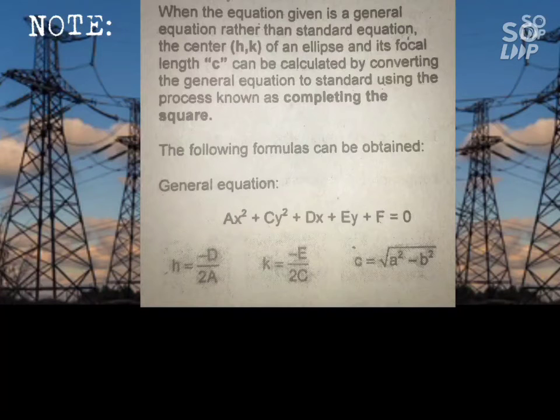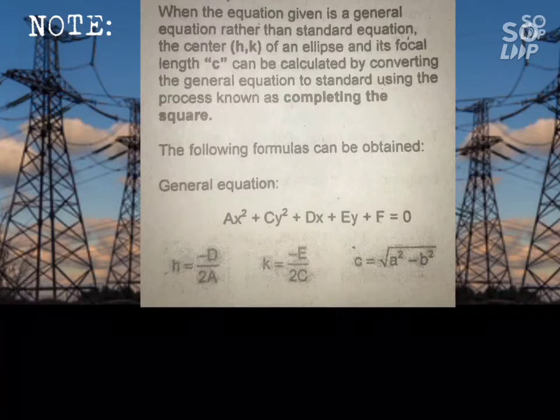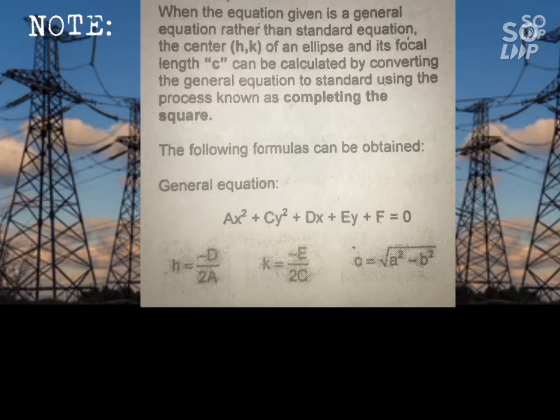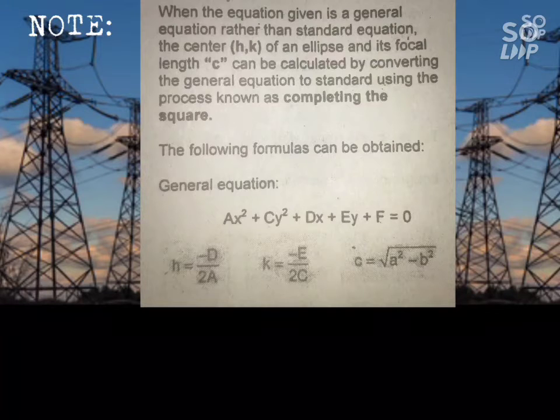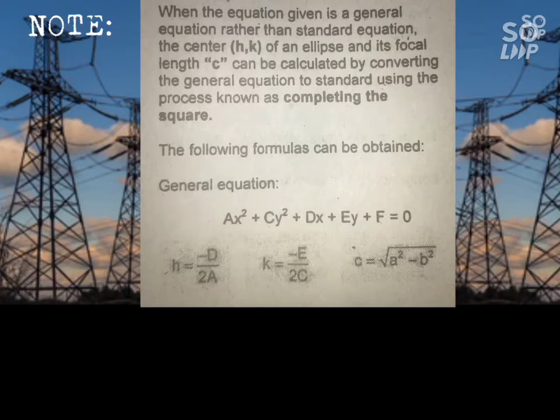When the equation given is a general equation rather than a standard equation, the center (h, k) of an ellipse and its focal length c can be calculated by converting the general equation to standard form using the process known as completing the square. The following formulas can be obtained.